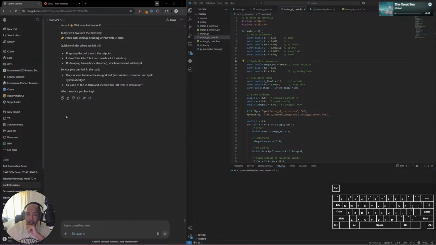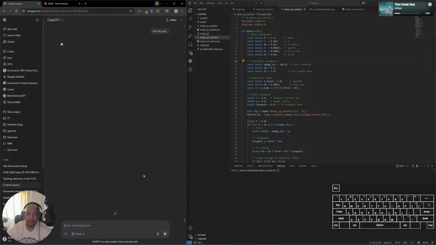So, next, let's pick our fork in the road. Do you want to tame the integral first, which is the anti-windup, or how to tune KP, KI, KD systematically, or jump to the D term and see how full PID feels in simulation? Which way are you leaning? Well, I don't know which way I'm leaning, so I'm just gonna say you do you, fam.